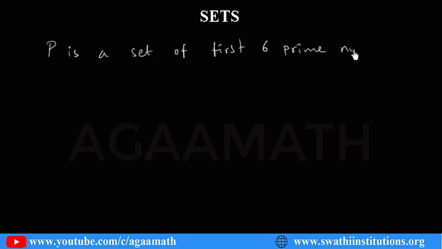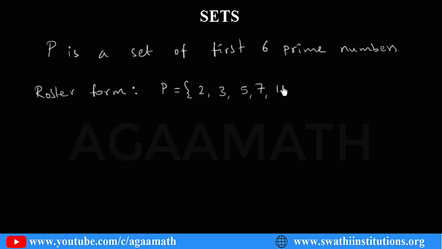Roster form is also nothing but list form. So when I present it in the roster form, P equals the set of first 6 prime numbers: 2, 3, 5, 7, 11, 13. These are the first 6 prime numbers.